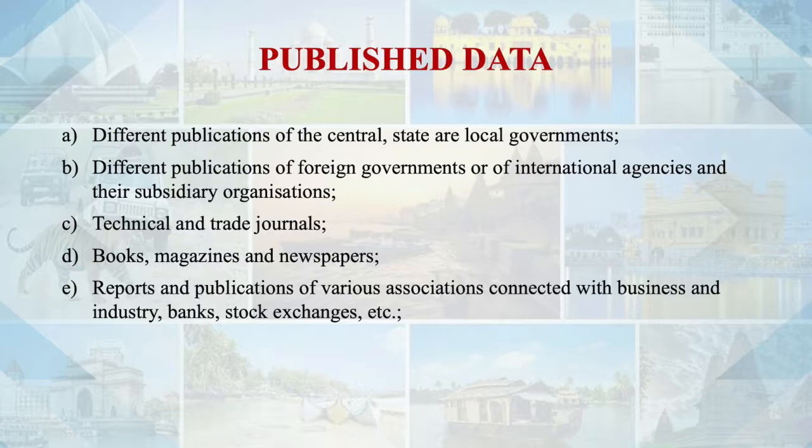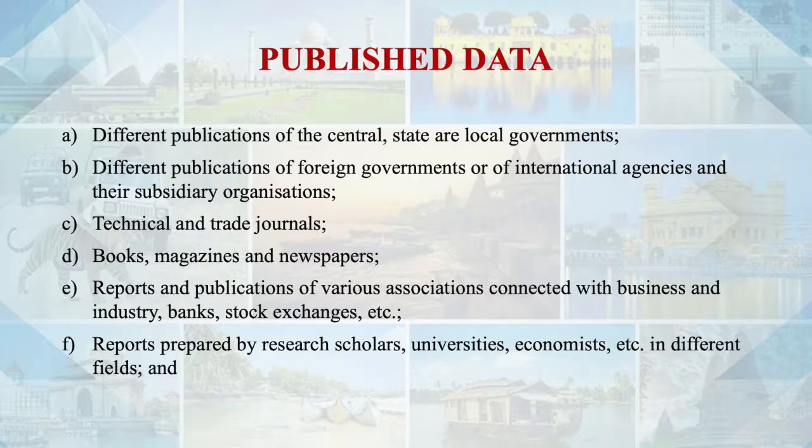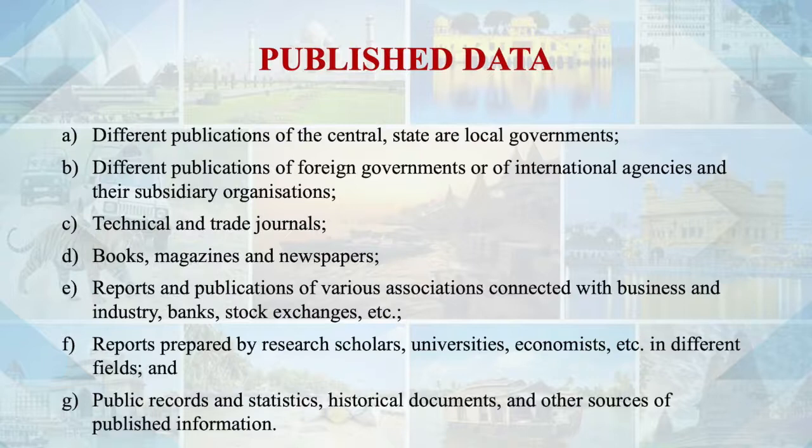Fifth, reports and publications of various associations connected with business and industry, banks, stock exchanges. Next, reports prepared by research scholars, universities, economists, etc. in different fields. Next, public records and statistics, historical documents, and other sources of published information.